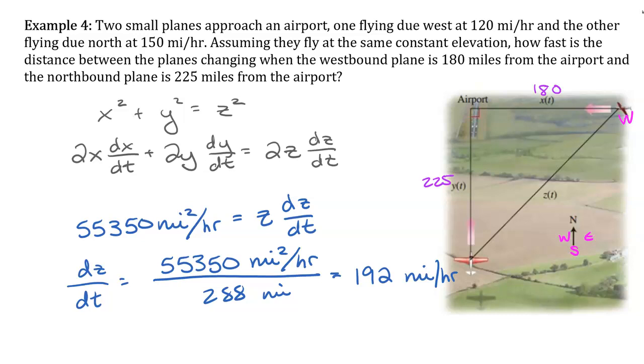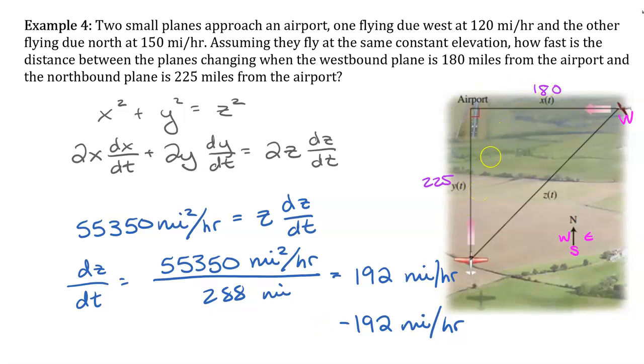So a positive slope, a positive rate of change, would indicate that it is increasing. So that would be the distance between them is increasing, but that doesn't make sense since they're getting closer together. So this should be a negative 192 miles per hour. And the reason mathematically why it's not here is because this distance is decreasing.